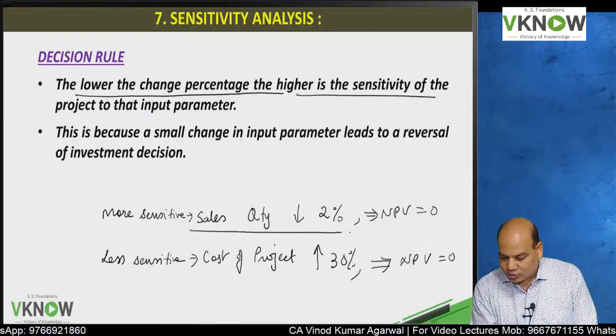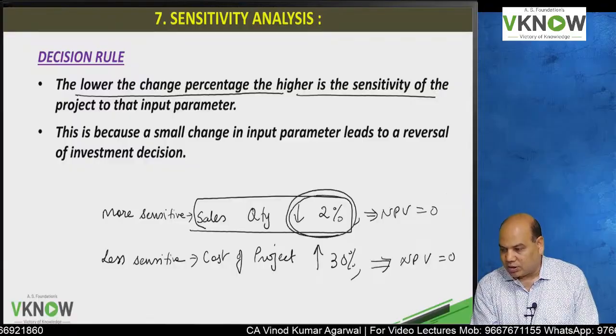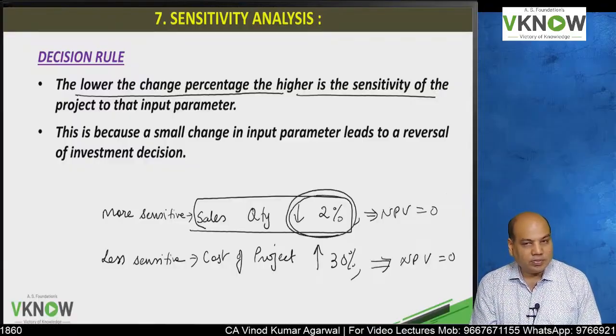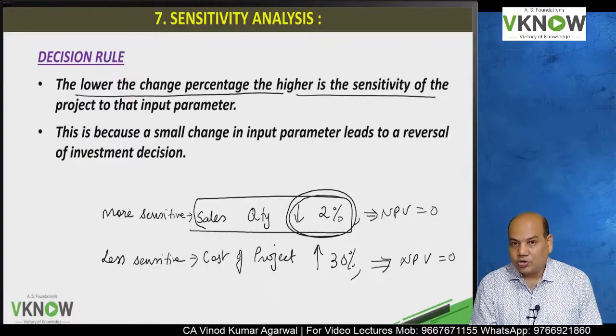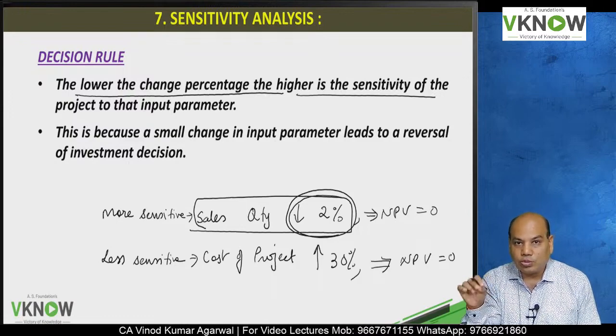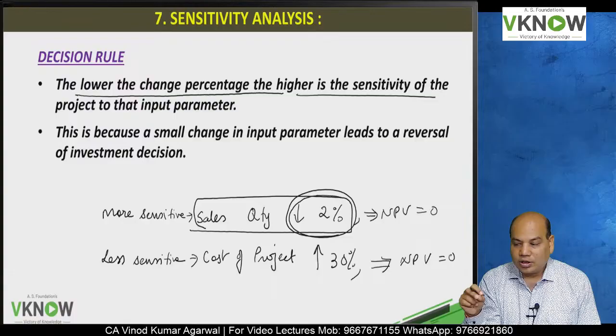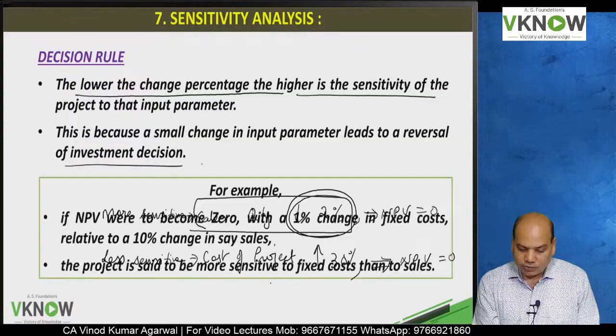In case of sales quantity, we have a margin of safety of only 2%. We can make an error only up to 2%, because if quantity sold drops by more than 2%, the NPV will become negative and it may lead to reversal of the investment decision.